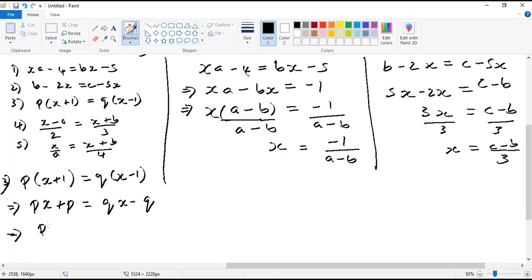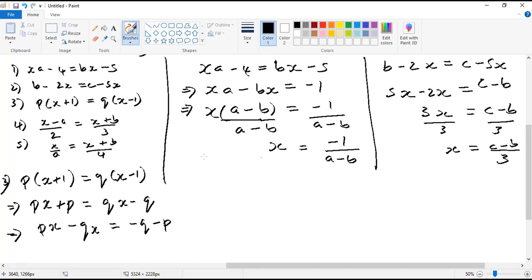And then we'll group them. I can make them go the other way around, but leave them like that for now.